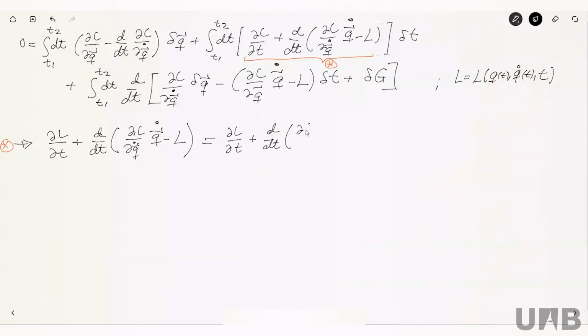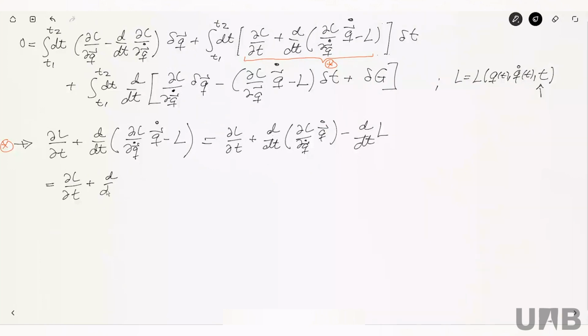Now that is the derivative of this product minus the total derivative of the Lagrangian. And this is the partial derivative of the Lagrangian with respect to time. Partial derivative refers to this dependence only. And now plus the derivative with respect to time of this product.